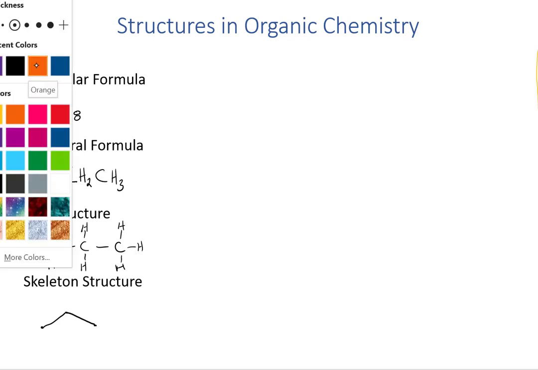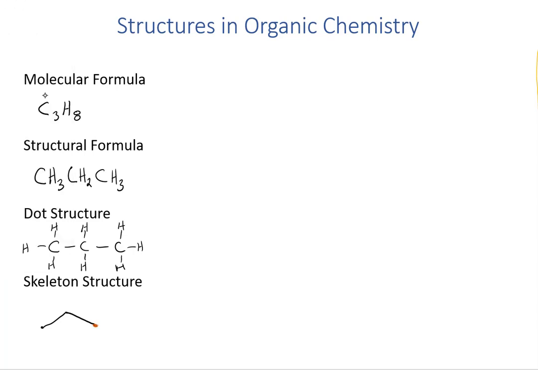So when we draw a structure that looks basically like an upside down shallow V, what we're implying is that at the end of the line and at the bend in the line, each of those positions is a carbon with enough H's to give 4 bonds.